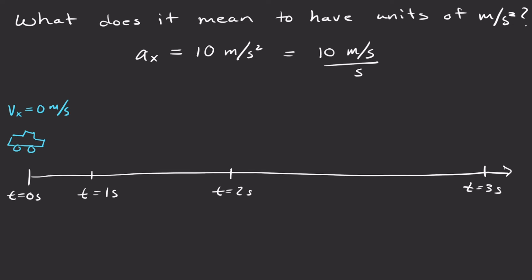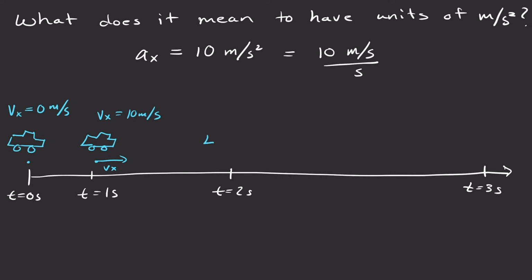Okay, so here, now its velocity has increased to 10 meters per second. So its velocity vector, if we draw it, now has some length to it, so 0 velocity there.